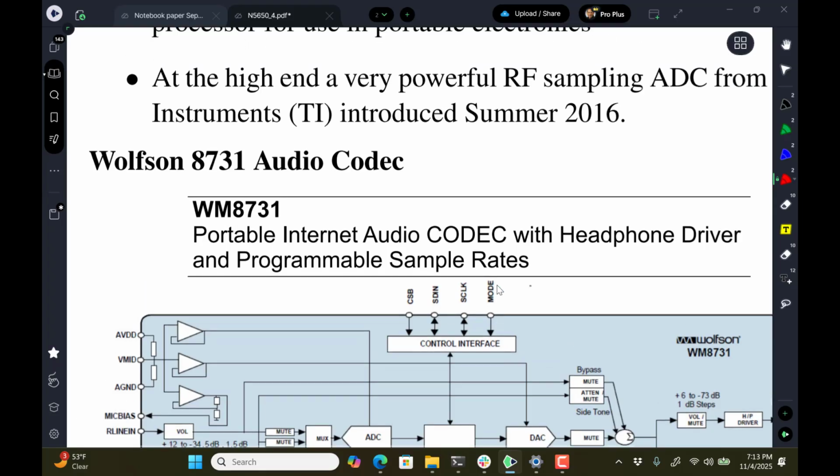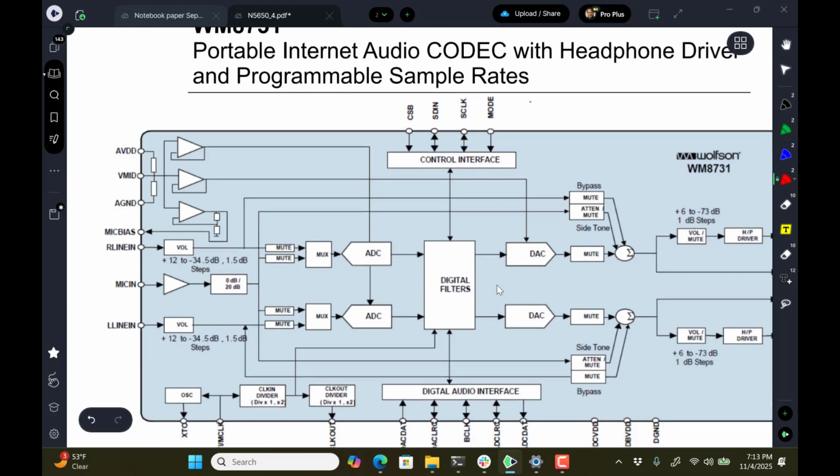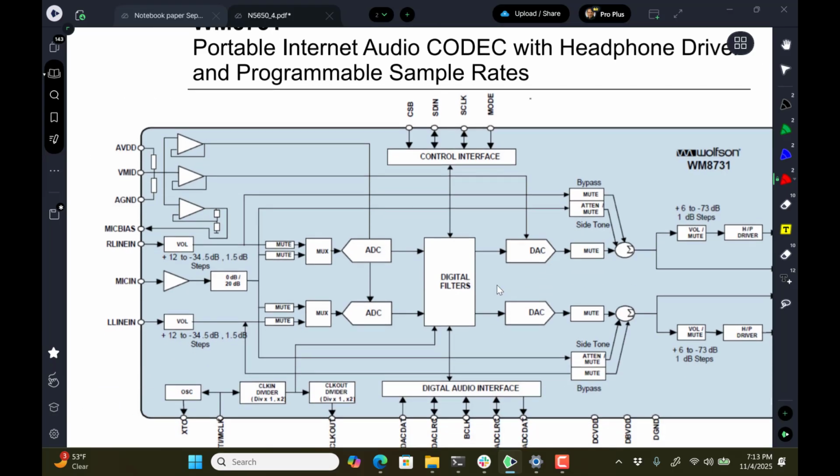So it's got 64x oversampling, and so it has digital filters inside of it to do some signal processing. It has the fancy delta sigma that's built into the ADC and the DAC, and it's got some other digital attenuators or things. So this is pretty much some of the specs on it, though.